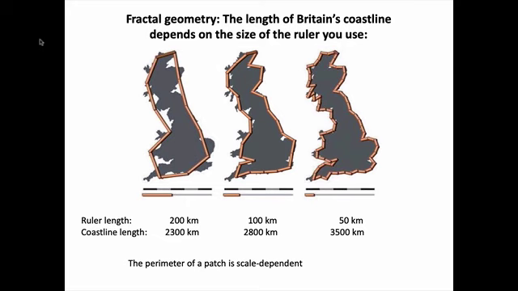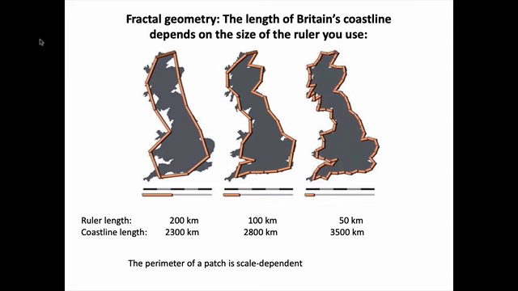Well, here's the outline of England, and here we are using a ruler of 200 kilometers. So each of these little segments is 200 kilometers. You might say, well, that's not a very efficient way of measuring England, but we're going to prove a point here. So this is connecting areas on the coastline that are 200 kilometers apart.